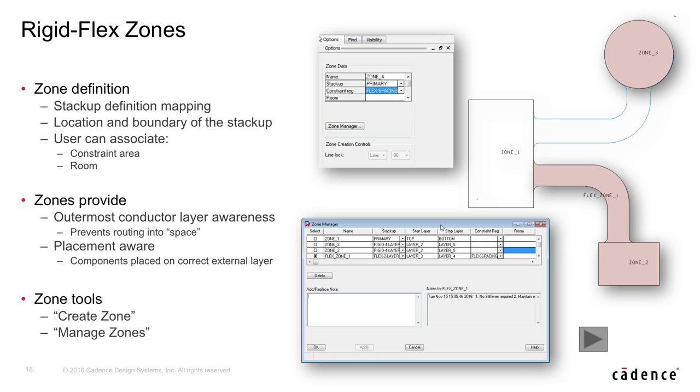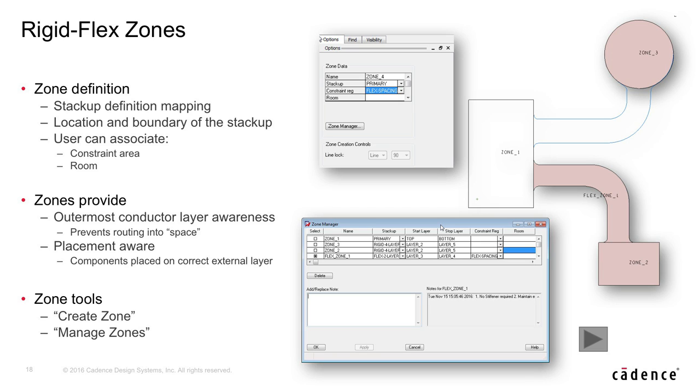So if I want to specify certain components to place in that room, I can do so. Zones also not only provide just the stack up information, but they're also critical when it comes to understanding the outermost layers for those different stack up regions or the stack up zones. These zones provide boundaries to prevent routing traces into space where a particular layer may not exist.